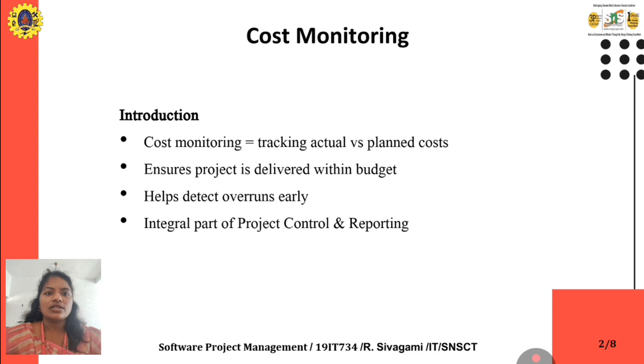So cost monitoring is the difference between the actual and planned cost. And then it ensures the project is delivered within the budget. We ensure our projects are done within our estimated cost.